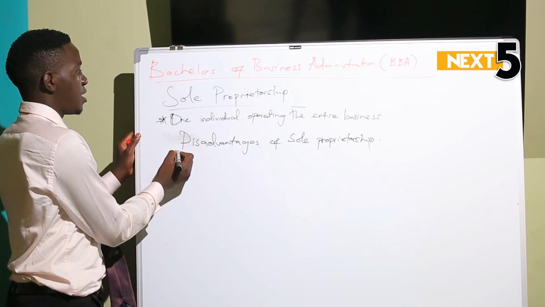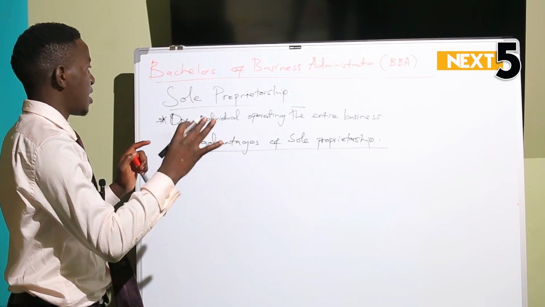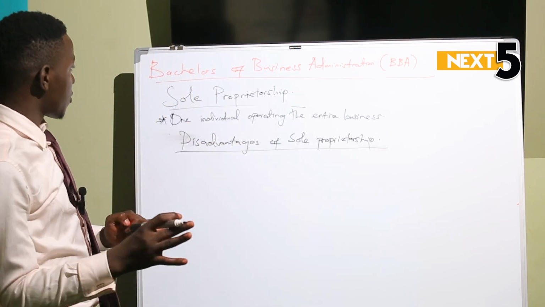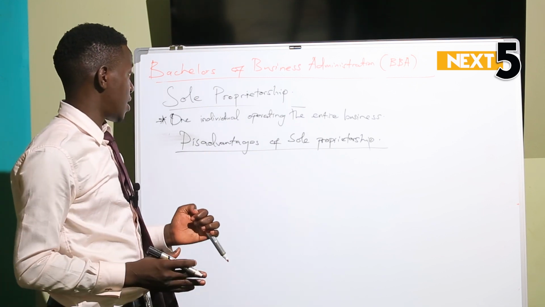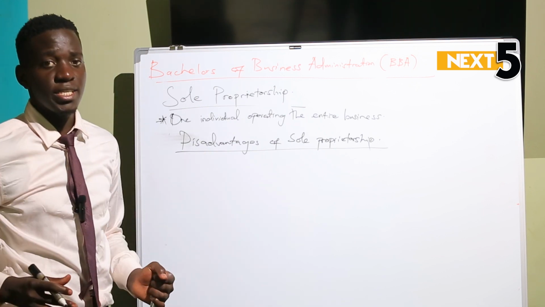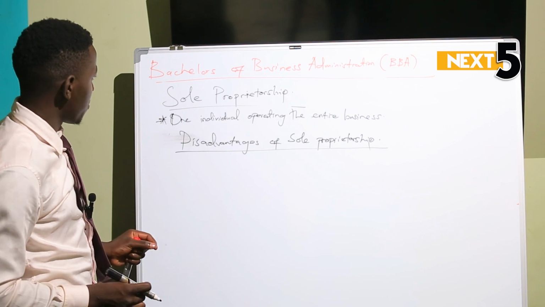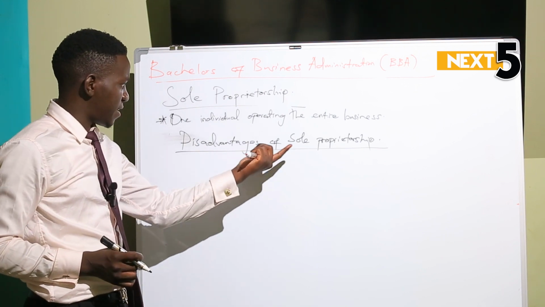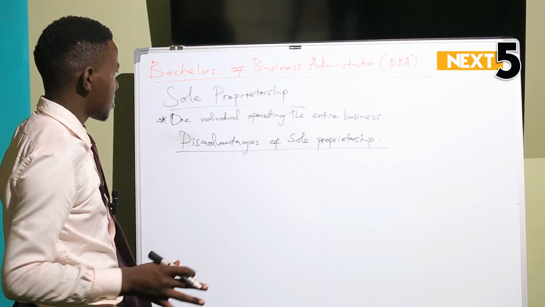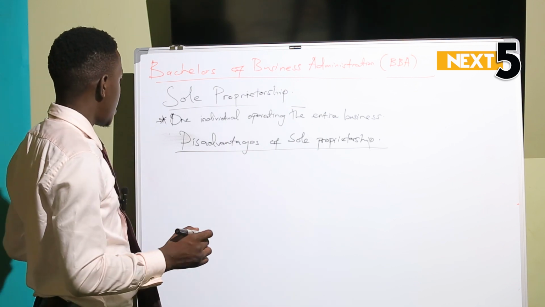Just as we have been having some of the advantages that come along with the fact that one individual is operating the entire business, now we want to look at some of the disadvantages that are affecting the fact that one individual is taking up the entire business.